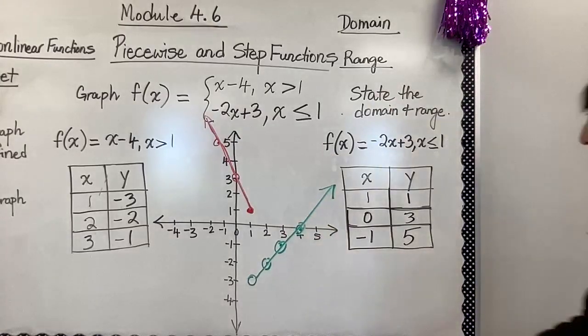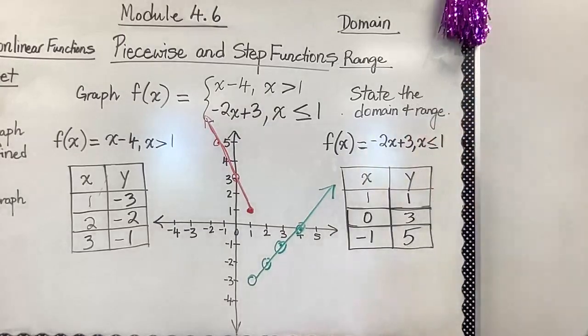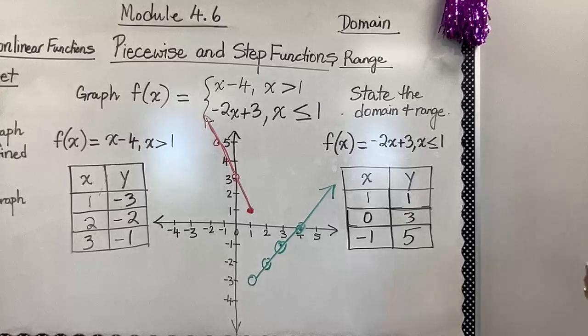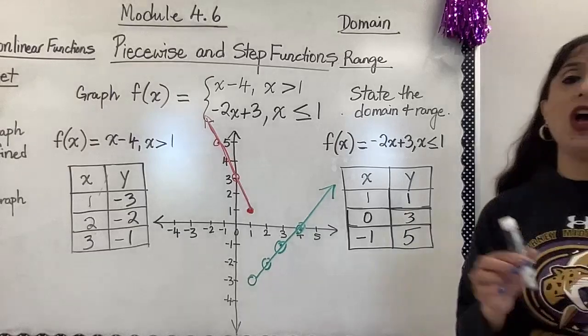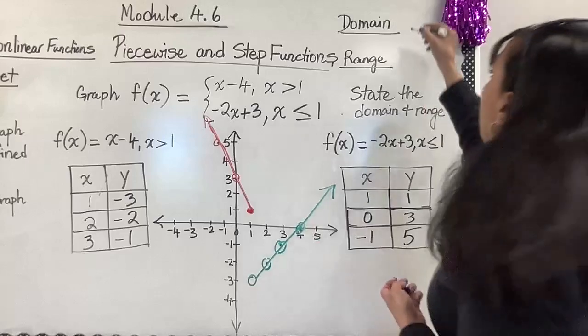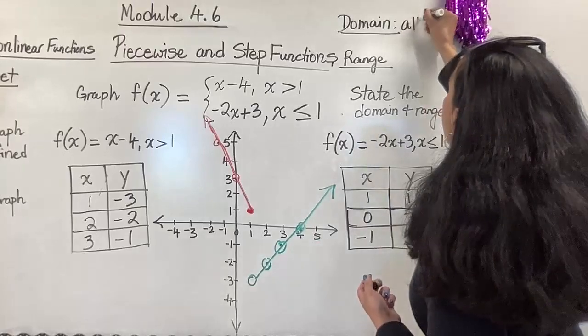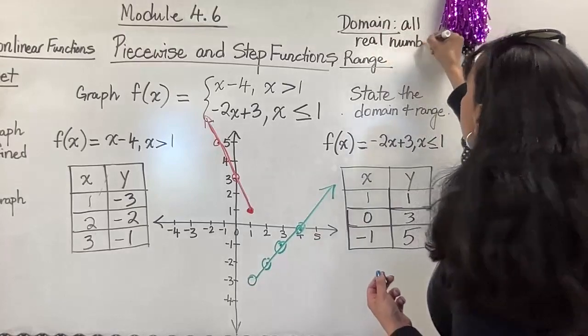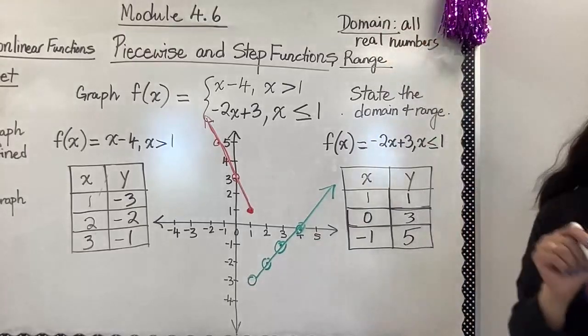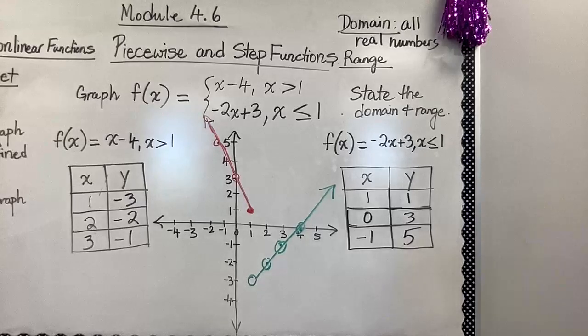Now let's look at the domain and the range. Domain, as we can see, is my x, and it is going to be all real numbers. And let's talk about what the range is over here.